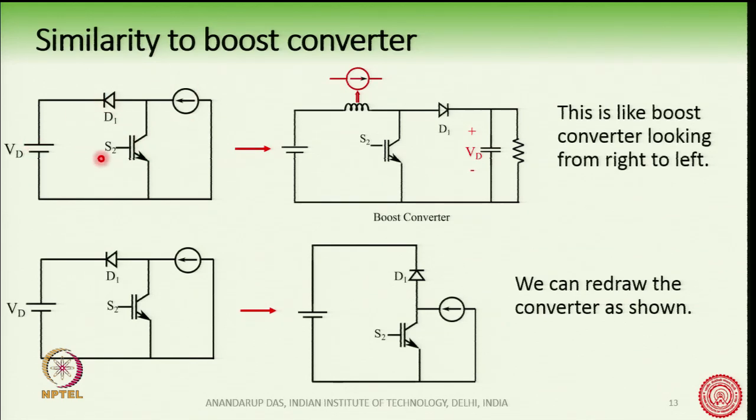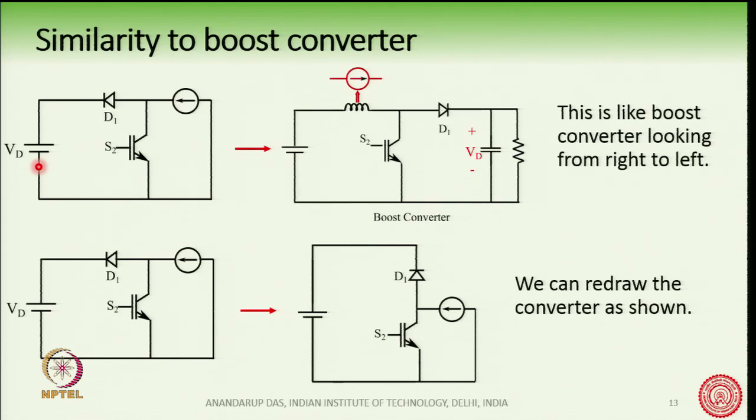So, for this circuit looking from right to left, and for this boost converter looking from left to right, we see that these two circuits are very similar. Looking from left to right, there is a current source, switch, diode, and a voltage source. Looking from right to left, current source, two switches, and a voltage source. So, they are very similar.